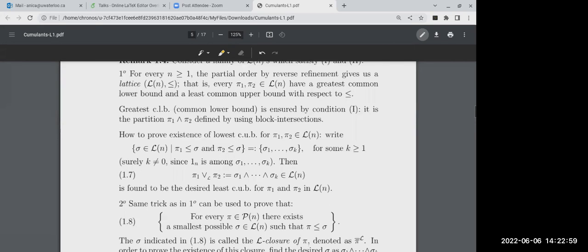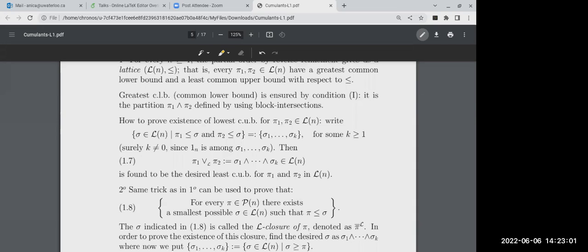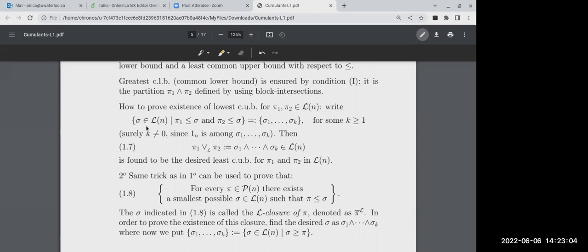And how do you prove that it exists? It's kind of immediate. Given 2 partitions pi 1 and pi 2 in L of n, you take the set of all the sigmas which are at the same time greater or equal than pi 1 and pi 2.